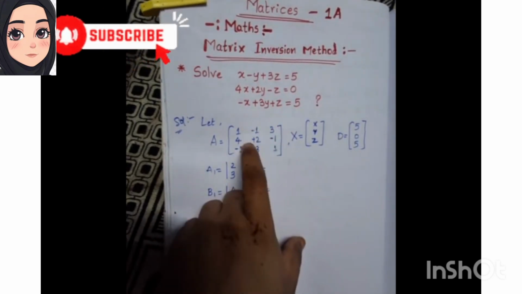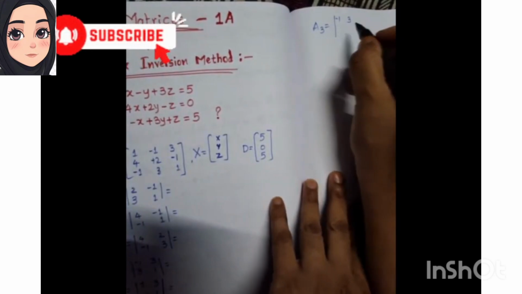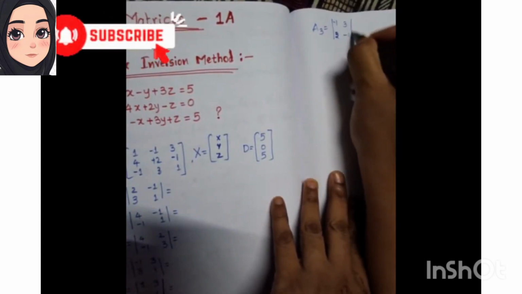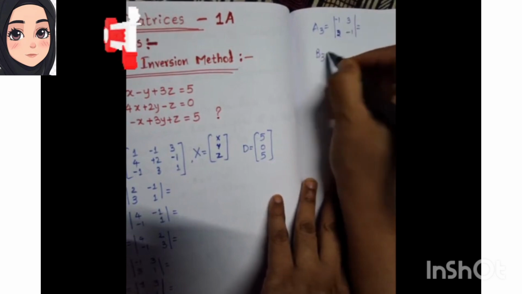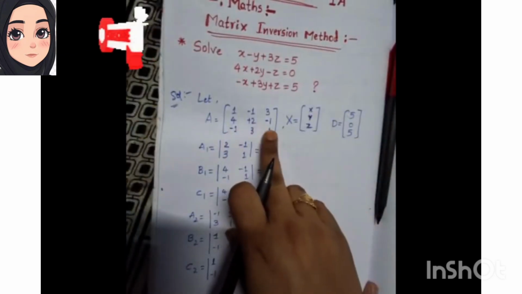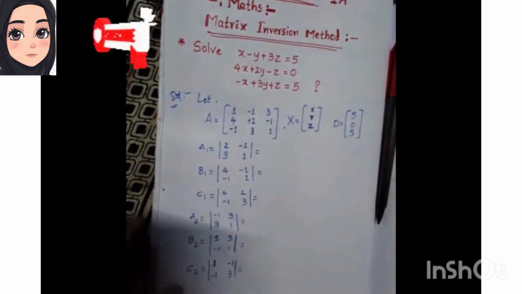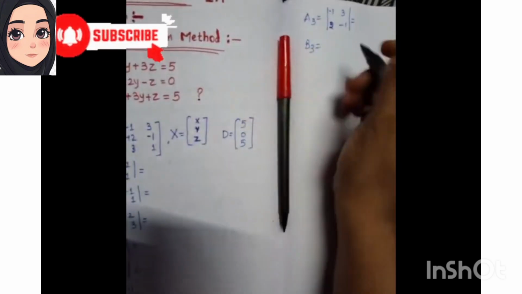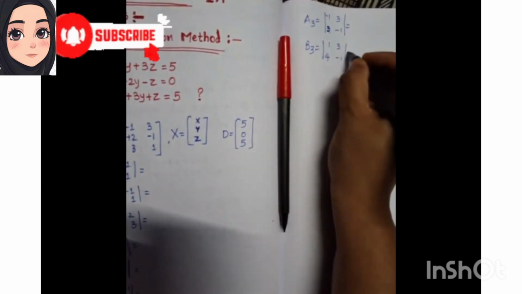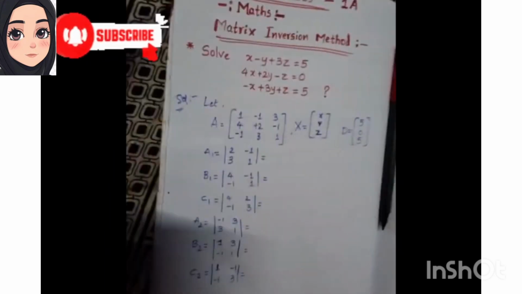B3 means hide its row and column: 1, 3, 4, minus 1. Now C3, the third column and third row: 1, minus 1, 4, 2.